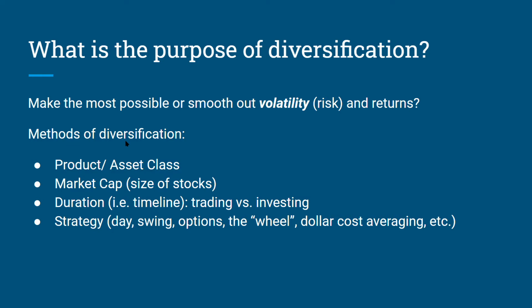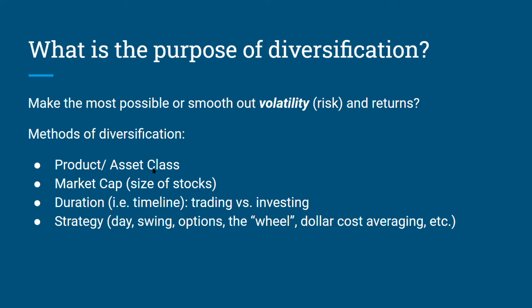You can diversify by product or asset class, meaning investing in multiple different stocks and ETFs, as well as real estate, as well as commodities like oil and gold and silver and natural gas, as well as corn, or cryptocurrency. Those are different product types or asset classes.